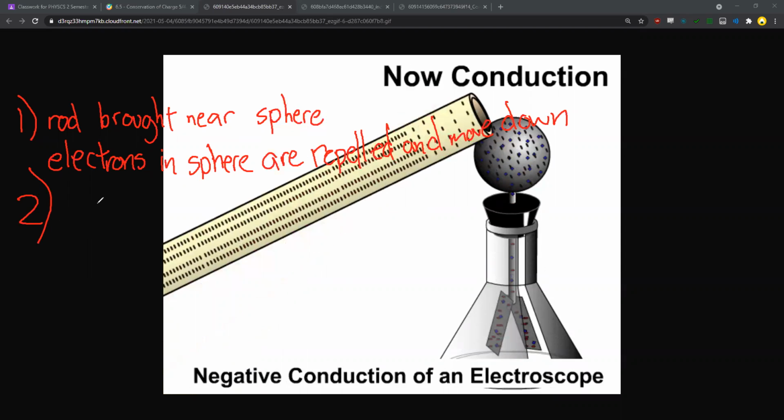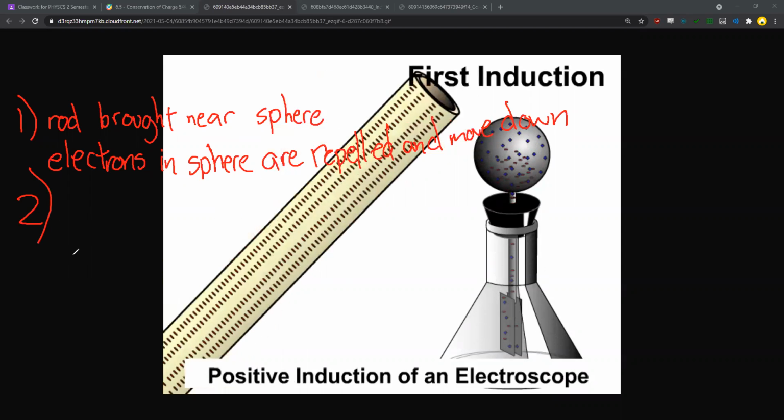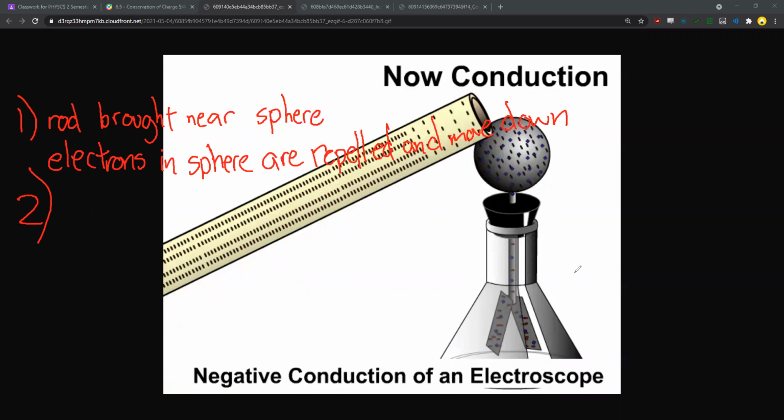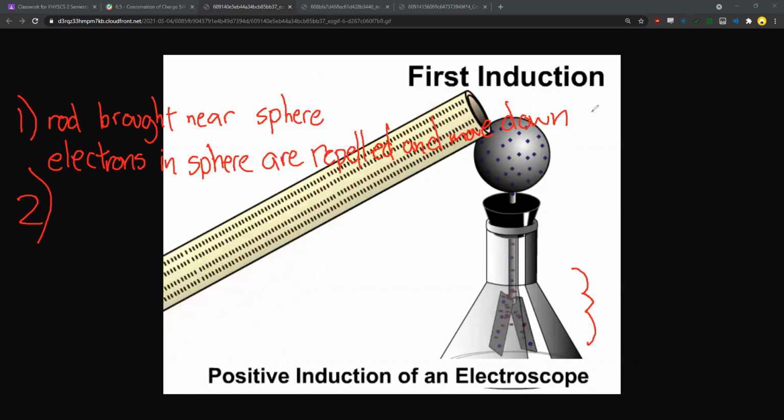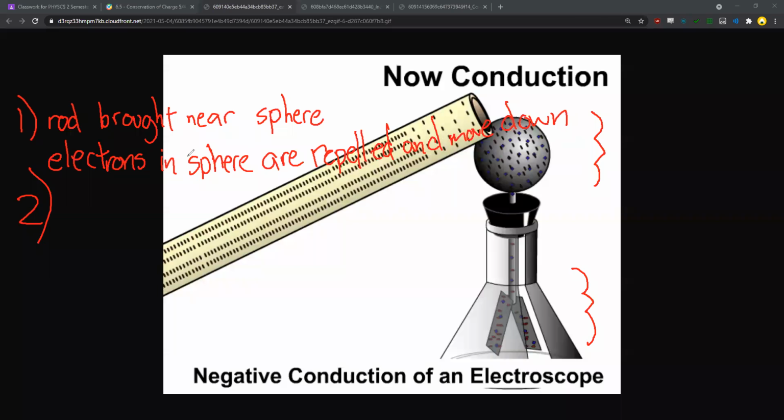Then, so what happens after that? What do we notice about the overall charge of top and bottom after the first thing happens?